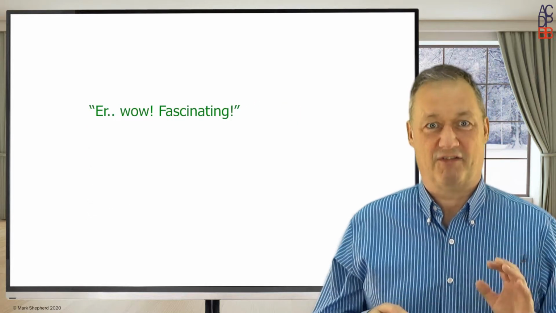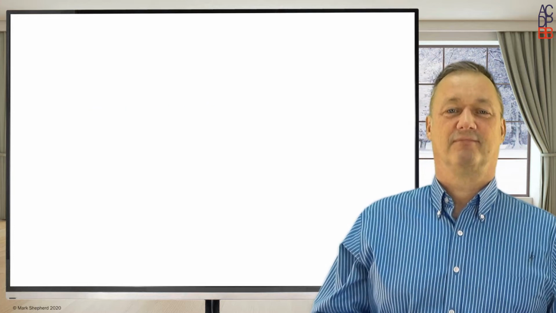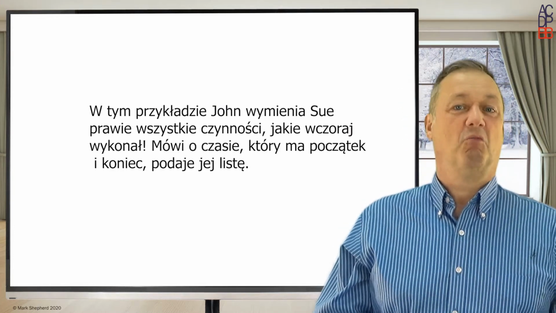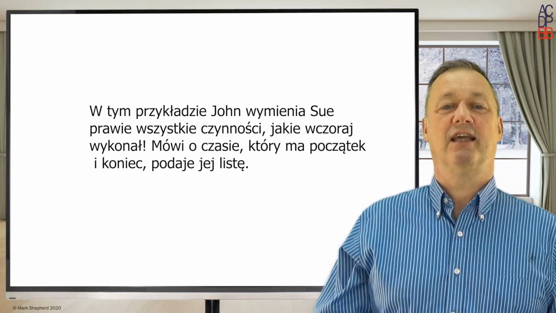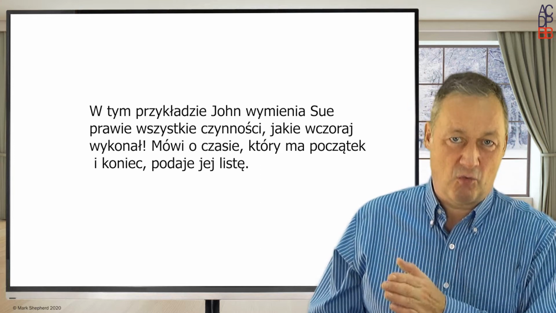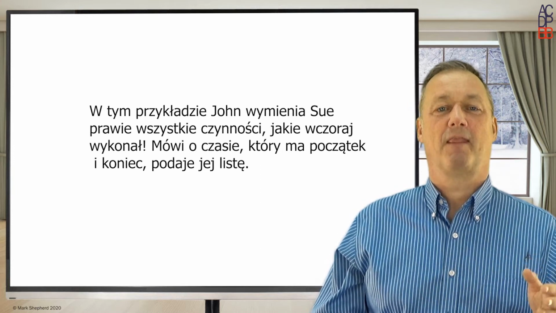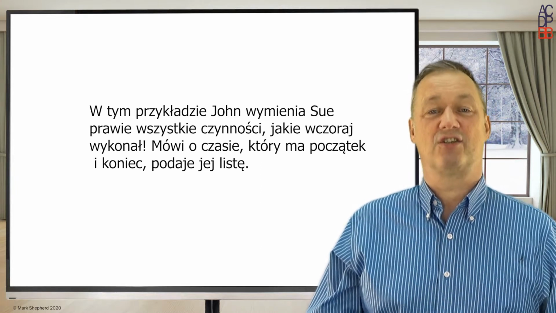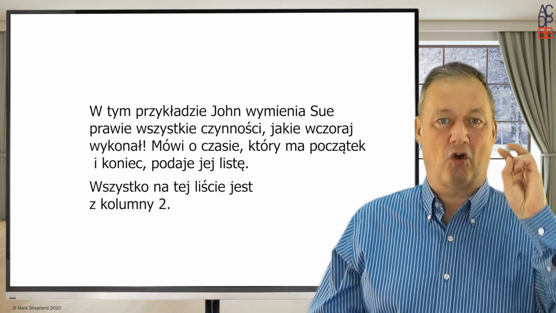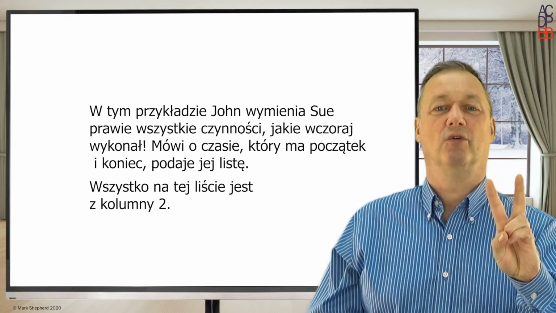Wow, fascinating. Now, in this example, John tells Sue almost everything he did yesterday. He's talking about a period of time with a start and a finish. And he gives Sue a list. Now, everything on the list is from column 2.